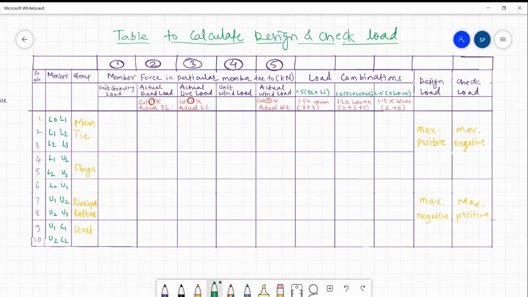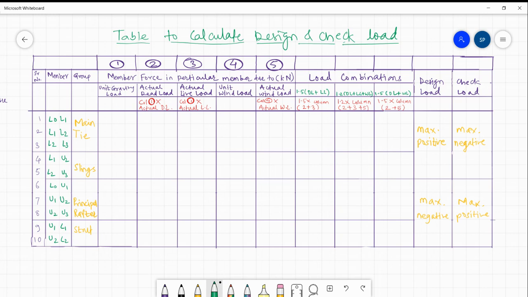In previous videos we have seen how to calculate the magnitudes of member forces of a truss. Whatever method of analysis you are using, be it method of joints, method of sections or a graphical method, at the end of that you have to proceed with this table.